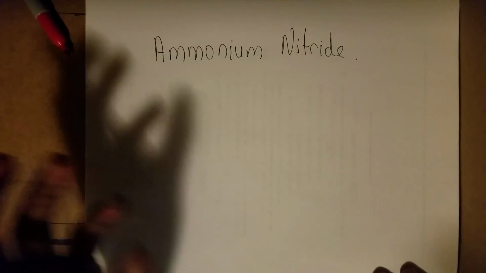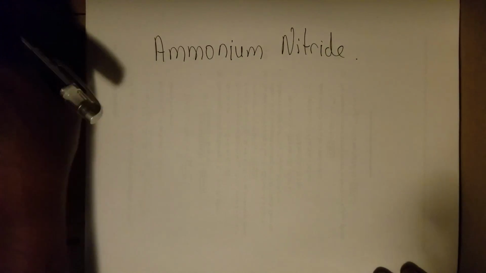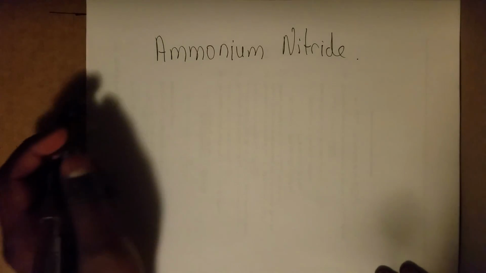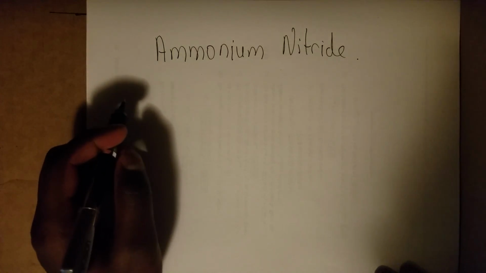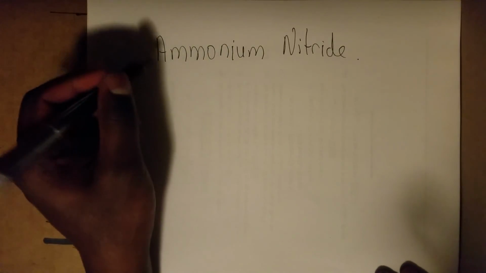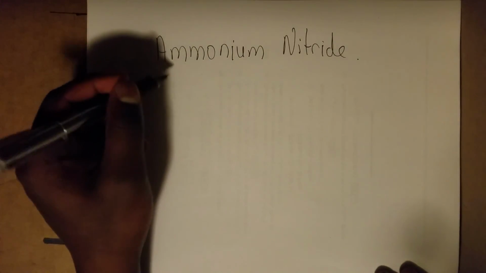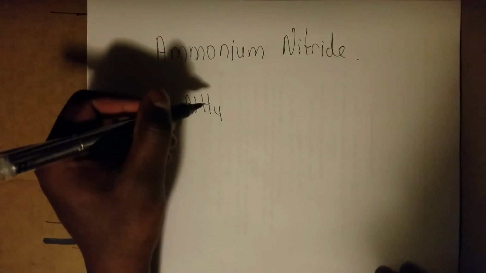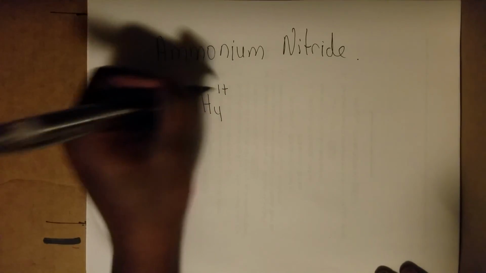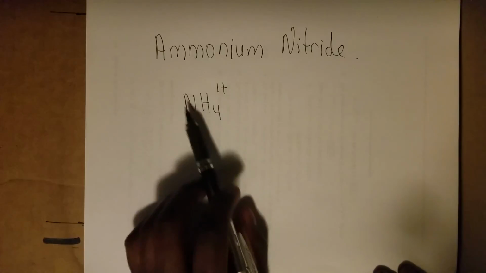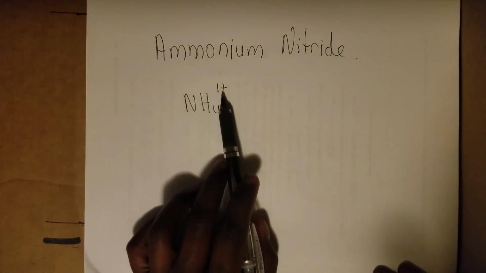It has many elements connected. So you have to look at the polyatomic table and memorize it, and you will know that the ion for ammonium is NH4 1 plus. That's something you have to know, memorize.